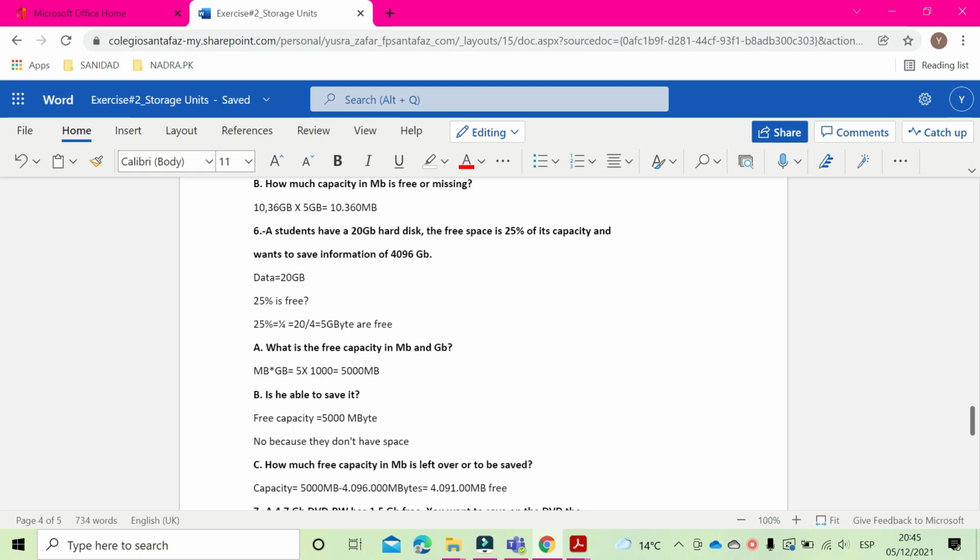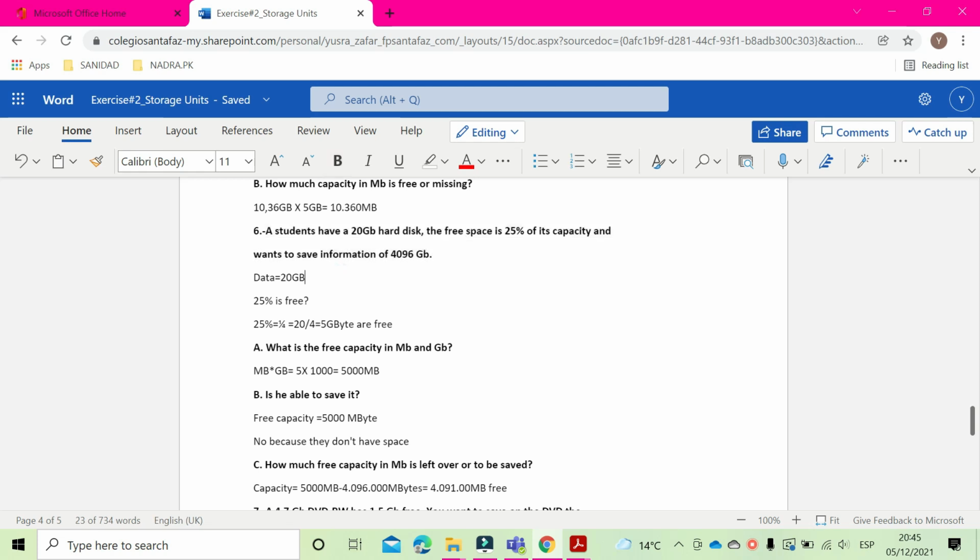The next exercise is: a student has a 20 GB hard disk and the free space is 25% of its capacity, and they want to save information of 4096 megabytes.